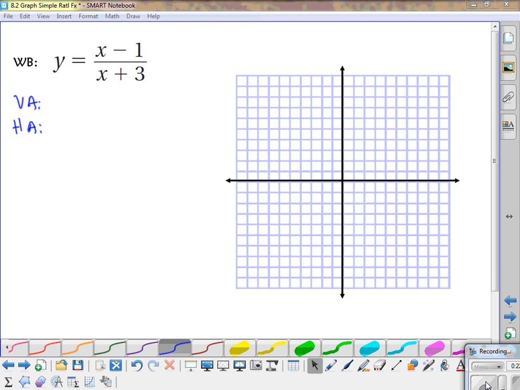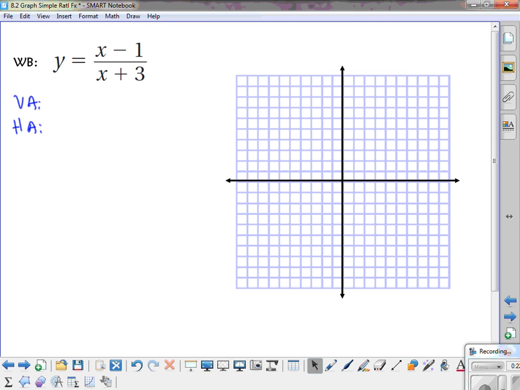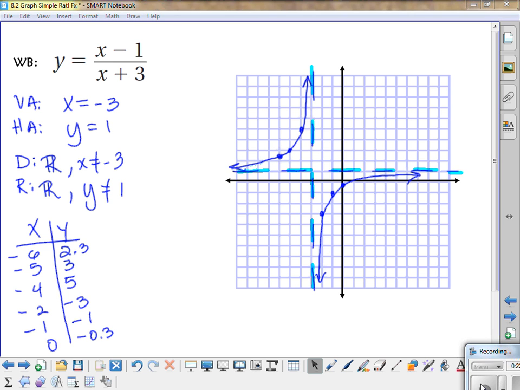All right, so it looks like most of you are getting the same thing. X equals negative 3, right, for my vertical one, and y equals 1 for the horizontal one. Okay, so when you plugged in negative 6, negative 5, negative 4, negative 2, negative 1, 0, you would have gotten the points. It looked like that.